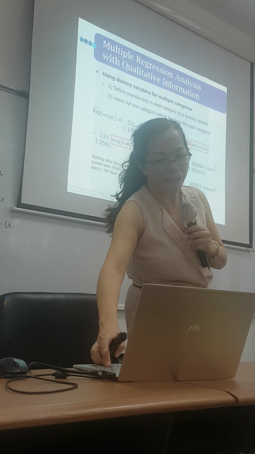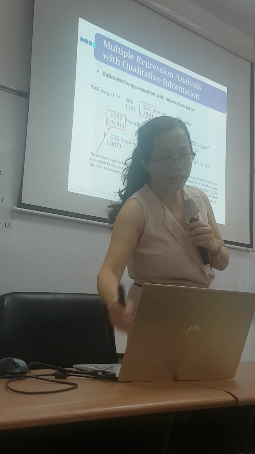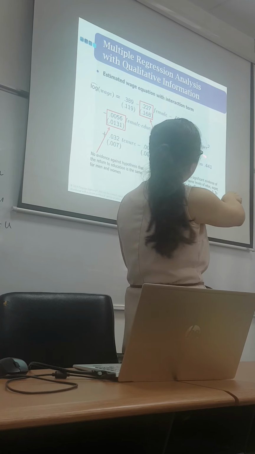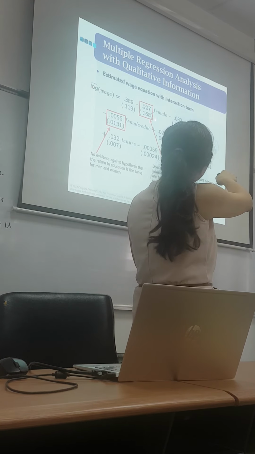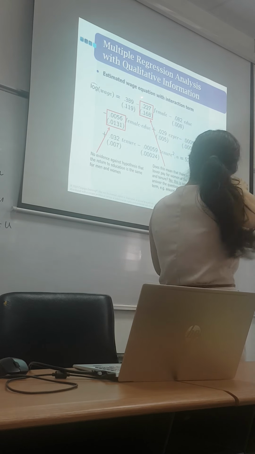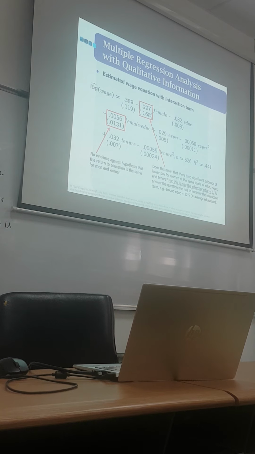Instead of wage, we have something called the log of wage. So for example, like this. We should look at this, we don't ignore these things, we're going to talk about this later. So we look at the log of wage. How do we interpret this number? Remember, log of wage, so it is percent.